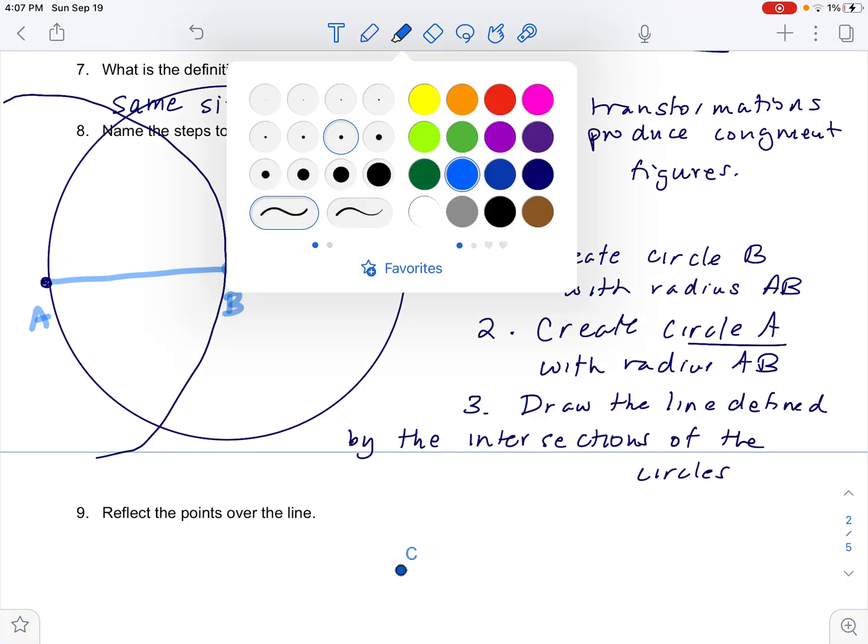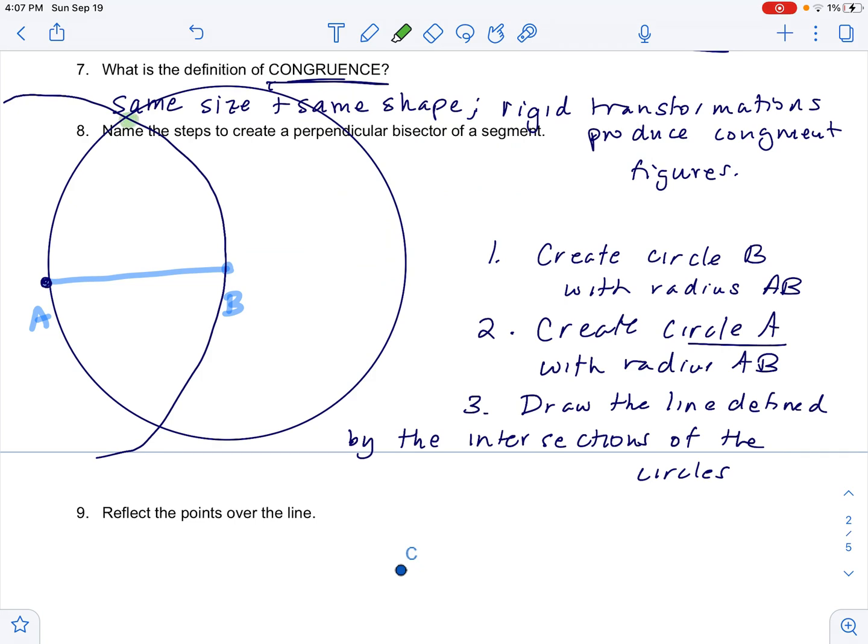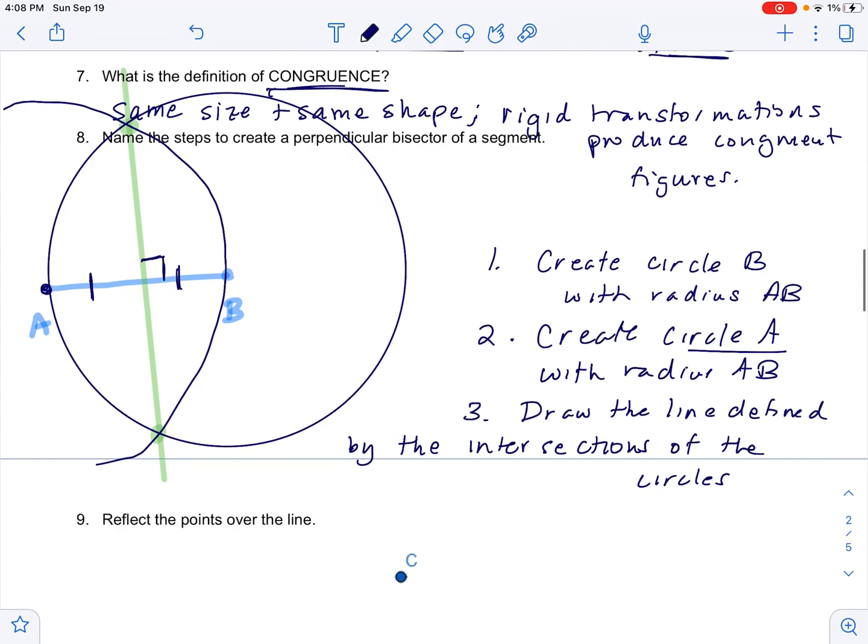So, switch colors here, I'll go to green. This point up here is an intersection, this point here is an intersection, and if I draw a line through those intersections, I get my perpendicular bisector. Remember, perpendicular bisector means it cuts the segment in half and it's perpendicular to the segment.